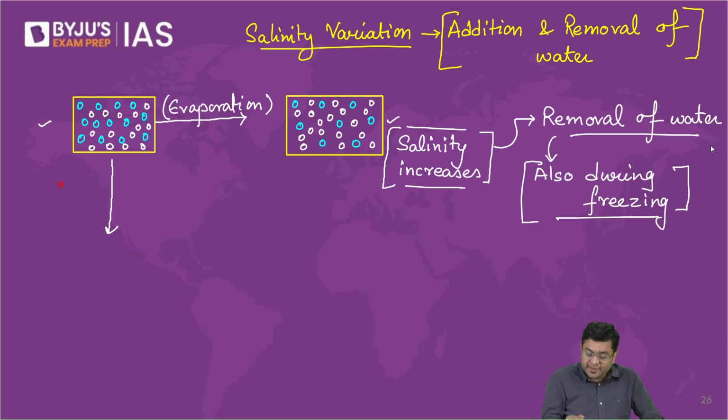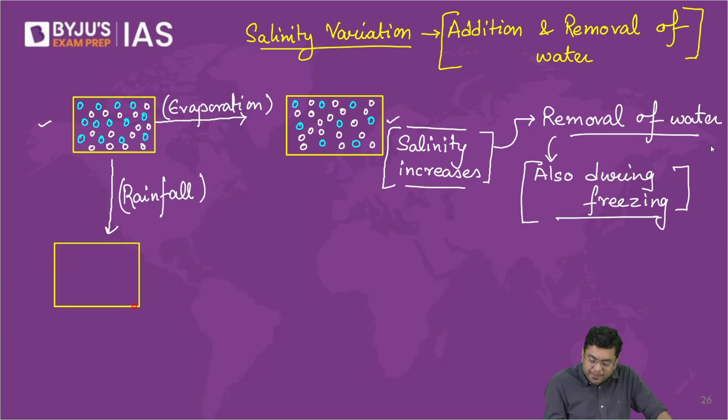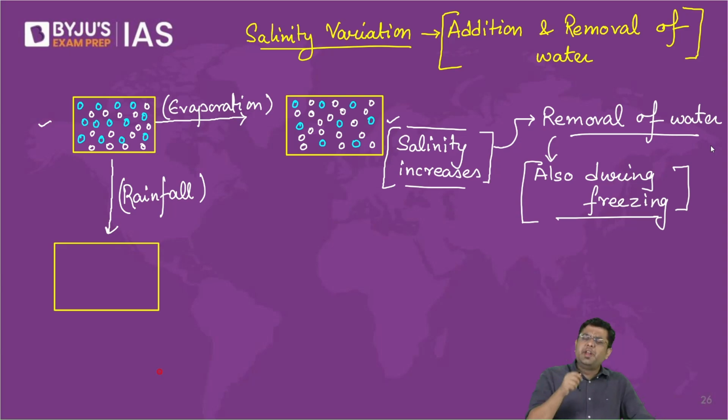Okay. So let's consider another situation. Let's suppose we consider a situation of rainfall. Now, when you have an event of rainfall or precipitation, any kind of precipitation, they will be able to bring some amount of dust particles along with them. But if you consider rainfall over a period of time, in majority, what is added?